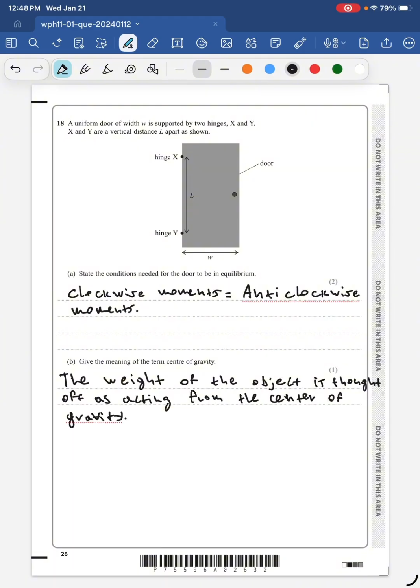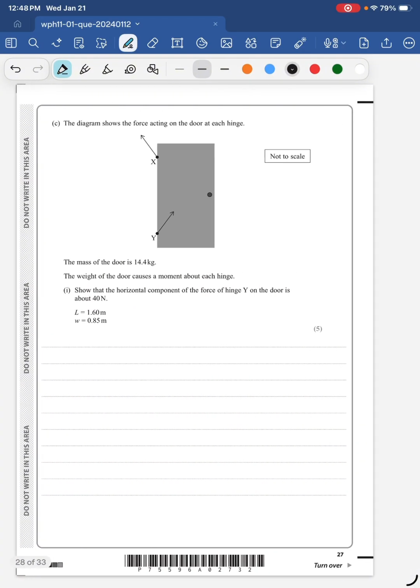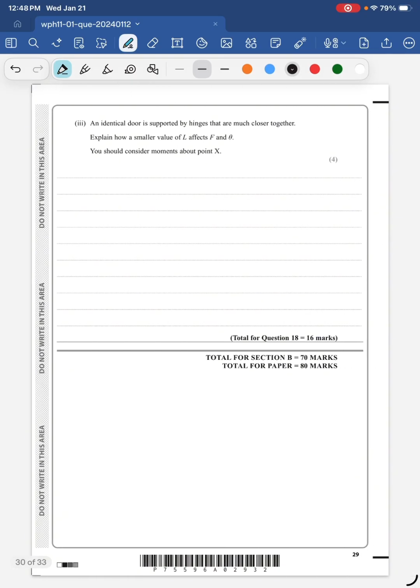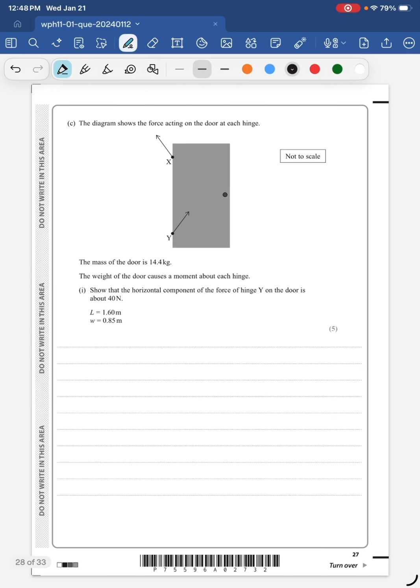Okay, and that's the answer. Wow, this is a 16-mark question.